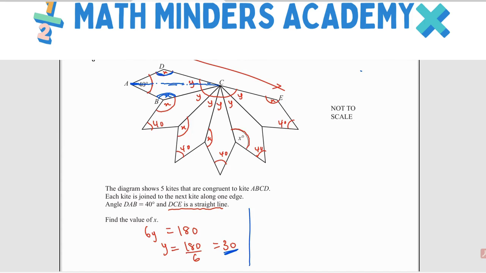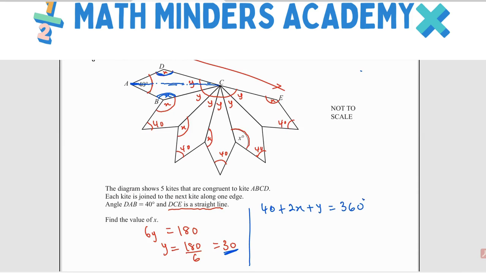So it means that the sum of the interior angles of this kite ABCD is going to be 360 degrees. It's a quadrilateral, and the theorem says that the sum of interior angles of a quadrilateral is 360 degrees. That means 40 plus 2x plus y gives 360 degrees.